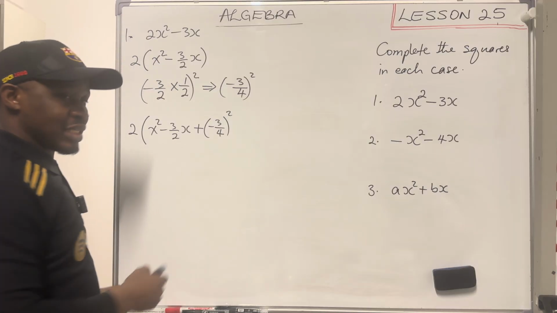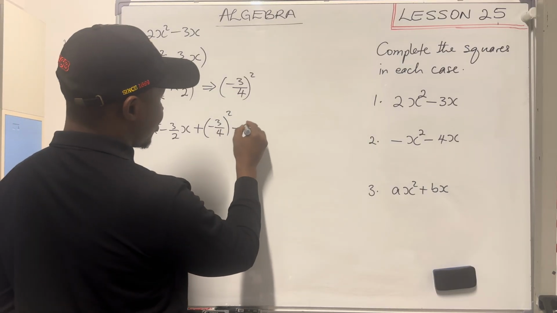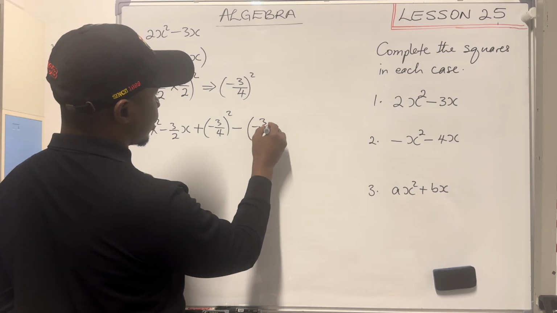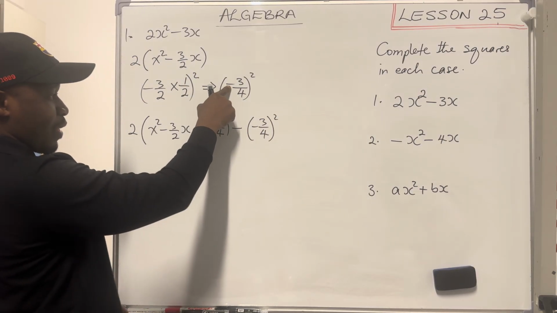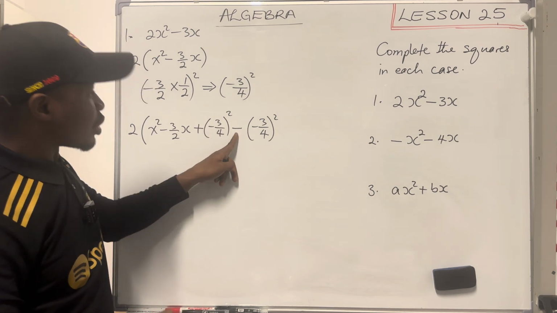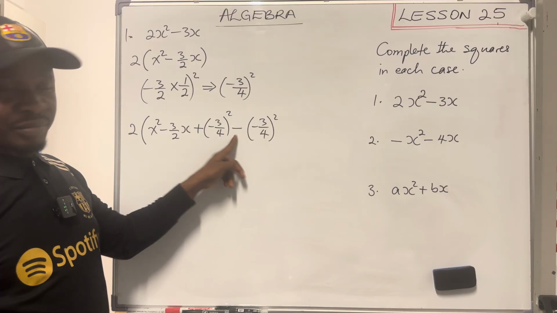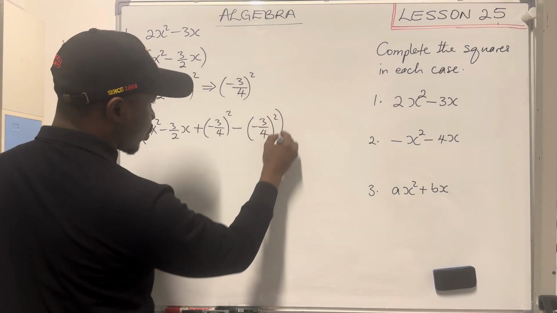Have we added it? Yes, we've added it. What is next? We subtract it again. This minus is not this one. This one you add it, then what? You subtract it again. So this closes this, this closes this, this closes this.